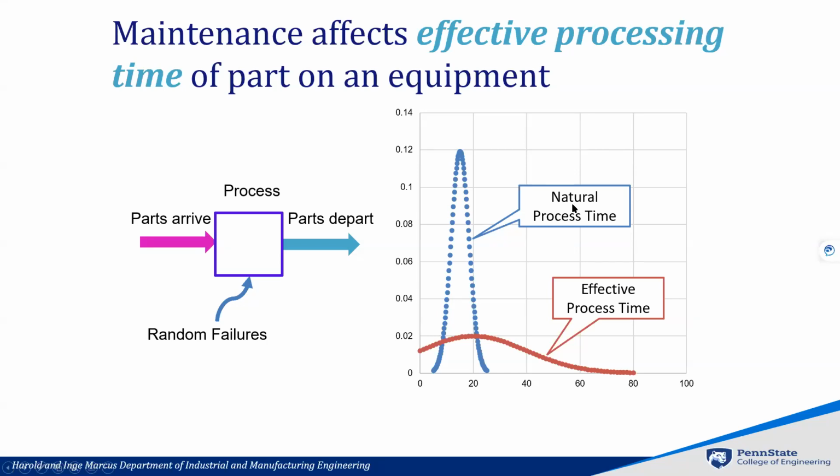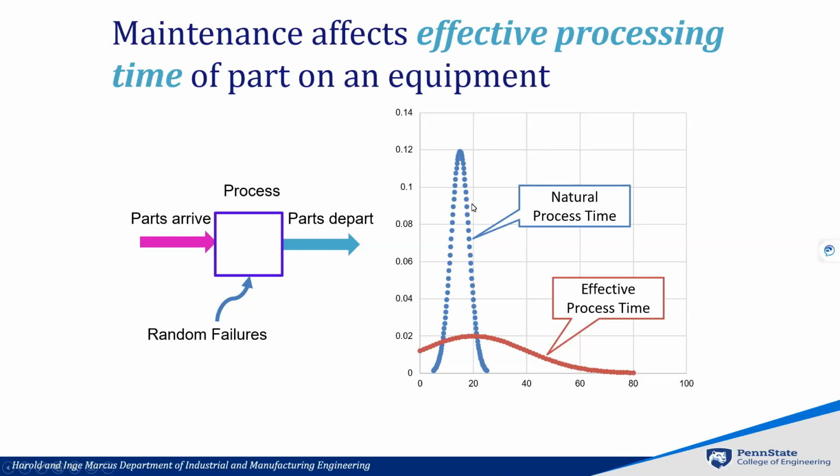The key point here is that the spread, or the variance, of the natural process time is relatively small in most manufacturing processes. However, when such processes are corrupted by random failures, the same distribution, instead of being a narrow-spread bell curve, is now much more widely spread, and this has a lot of adverse consequences.